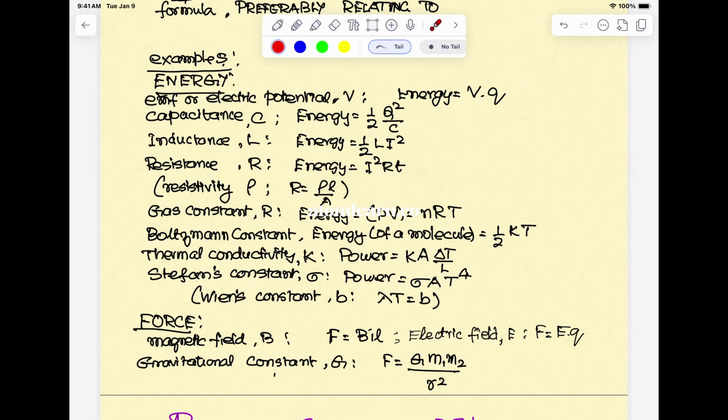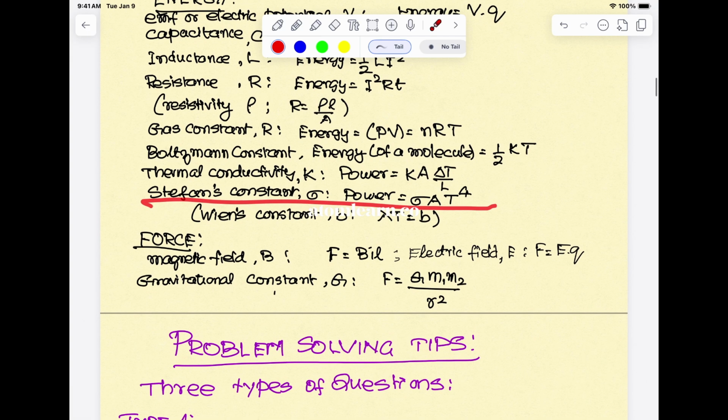As I said, most of these quantities have an energy relation. Then for one or two quantities there is no energy relation, therefore you must use force. For example, take the magnetic field B. A current carrying conductor in a uniform B field will experience a force.